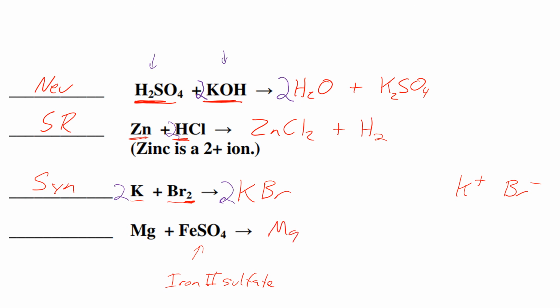Mg is 2+, SO4 is 2-, so we're just going to make MgSO4, and then it kicks out the iron, and that's right there. So since this is a single element, replacing one of the things in a compound, this is single replacement. Very similar to this one up here.